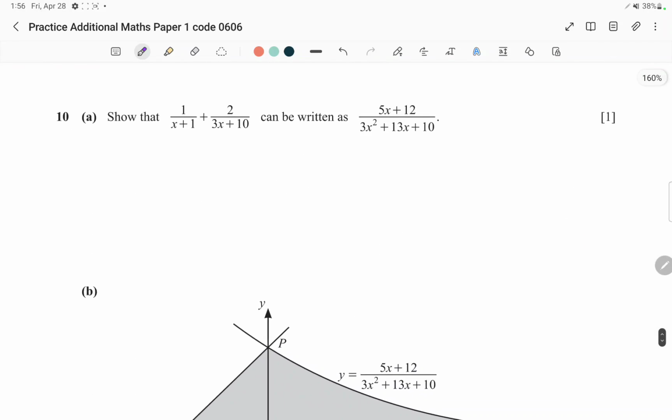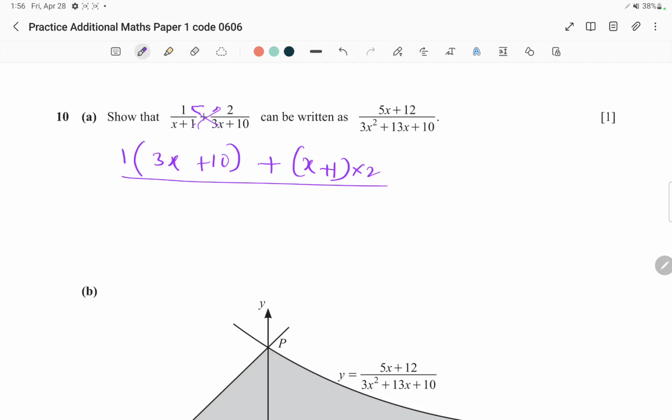Now next question that says show that, that's again a simple one. Cross multiply. So 1 times 3x plus 10 plus x plus 1 times 2 over, we need to multiply these two, x plus 1 times 3x plus 10.